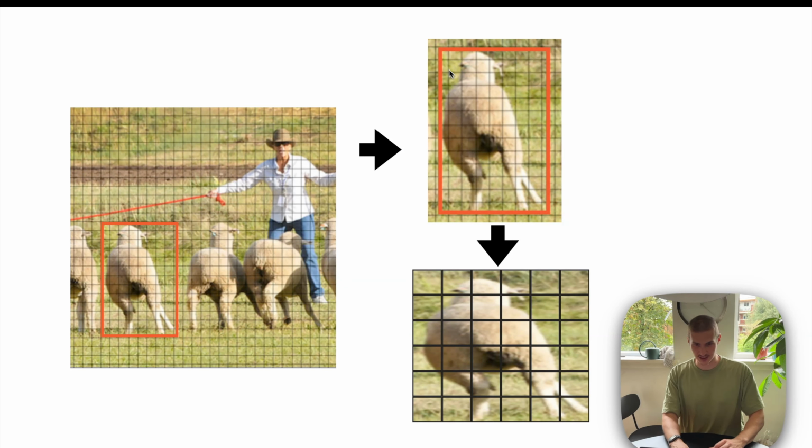Second challenge is mapping these bounding boxes, all of which might have different shapes. So it might be really short and wide, or it might be really tall and narrow, for example. But we want fixed size input to our dense layers, right? So we're going to map it to something that always has the same shape, so always the same square shape. And this is done with pooling.